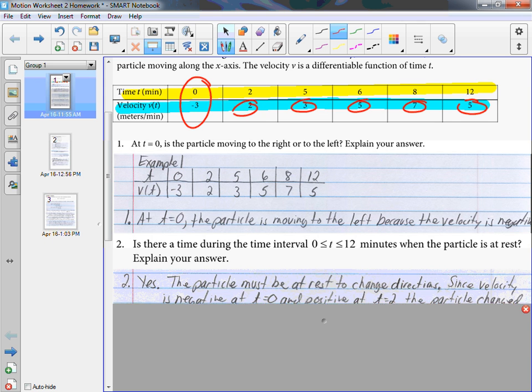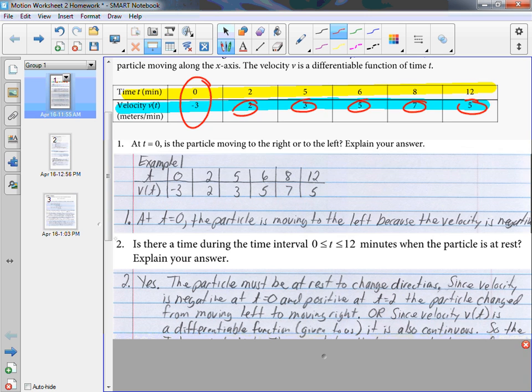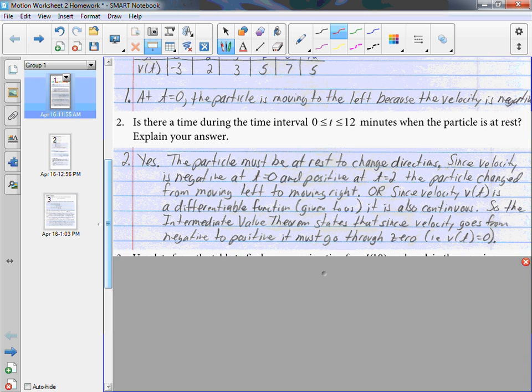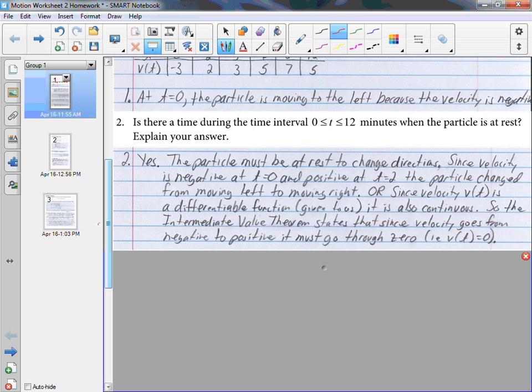So yes, and I'm writing more down than would be required as a test answer, but I want you to understand this, so you write down as much as you need to understand it. So yes, the particle must be at rest to change direction. Since velocity is negative at t equals 0 and positive at t equals 2, the particle changed from moving left to moving right.